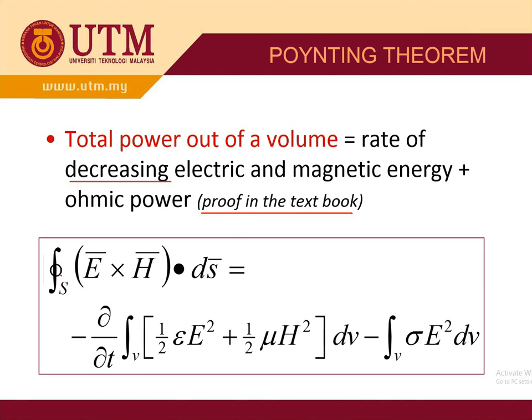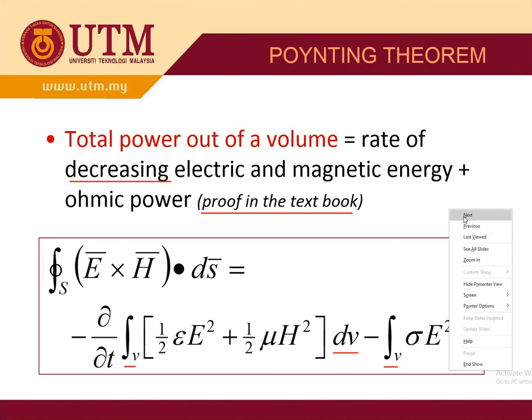Okay, so the closed surface integral of E cross H dot dS, the surface differential, equals the d over dt of the integration of half epsilon E squared plus half mu H squared dv, okay, because it's a volume integral, and minus the volume integral of sigma E squared dv.